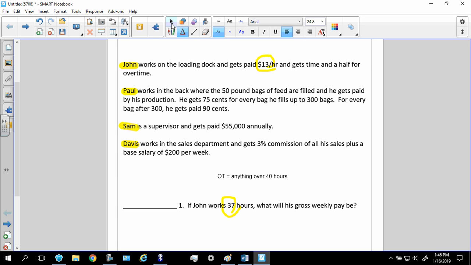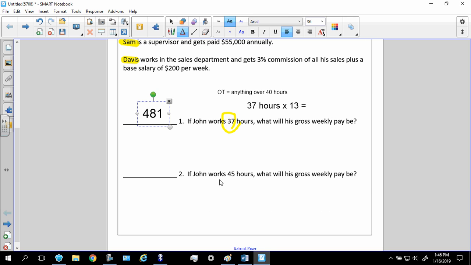So I'm going to take 37 hours and times that by his hourly pay, which is 13. When I do that, I get his gross pay, which ends up being $481.